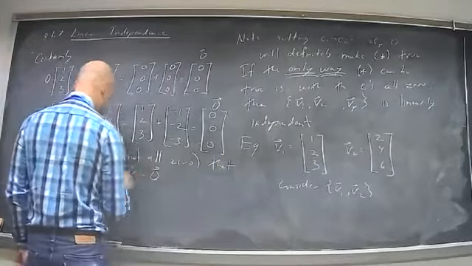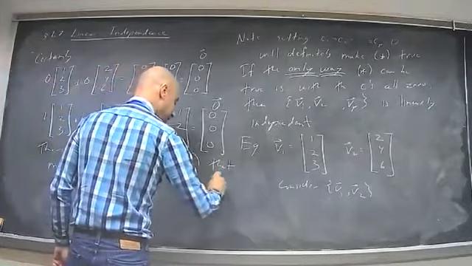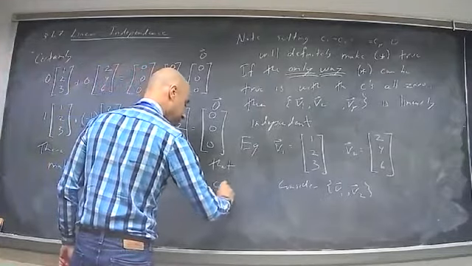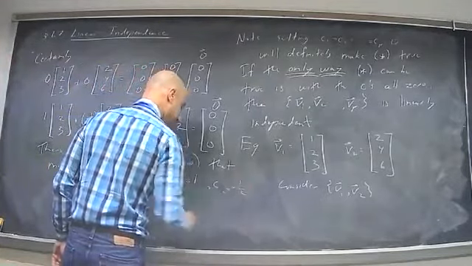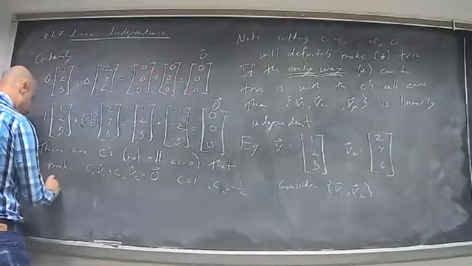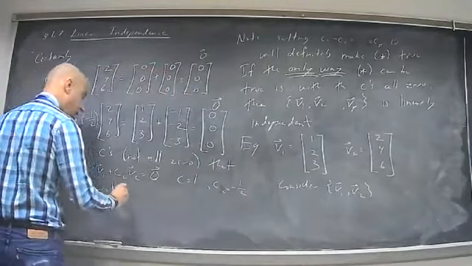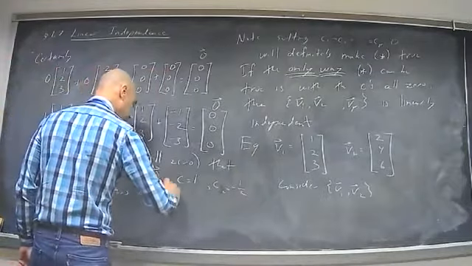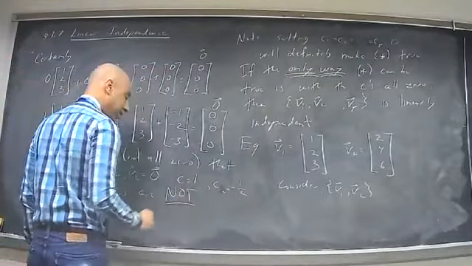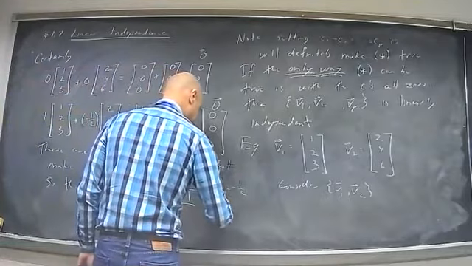You just chose c1 equals 1 and c2 equals minus 1/2. So these vectors are not linearly independent.